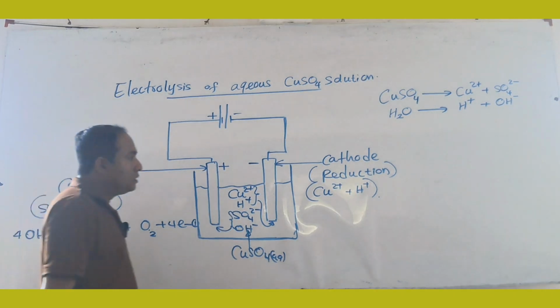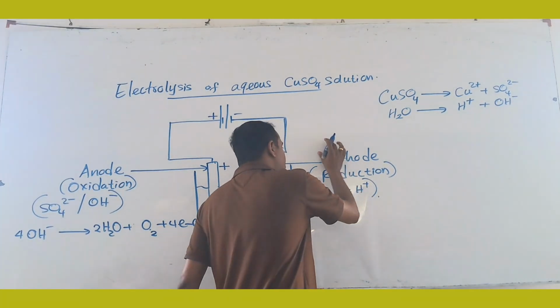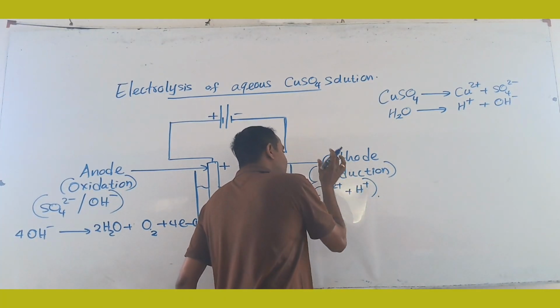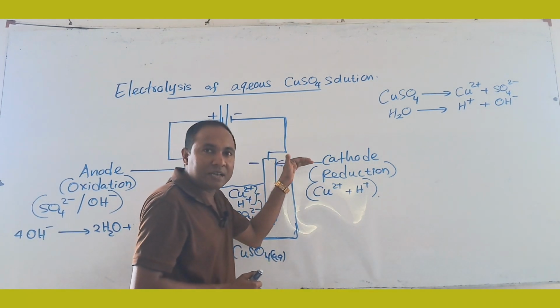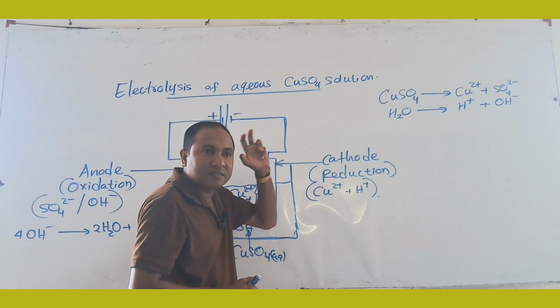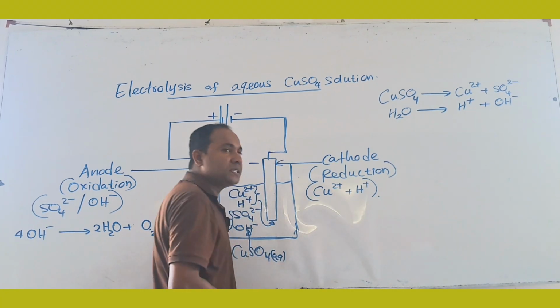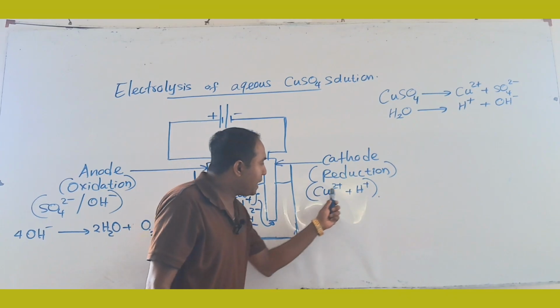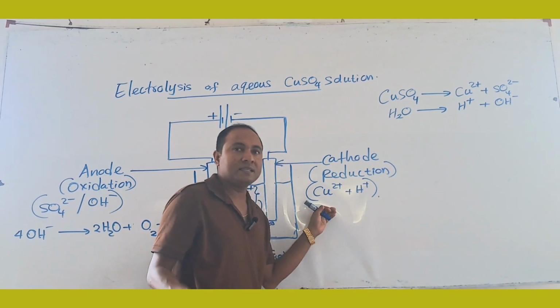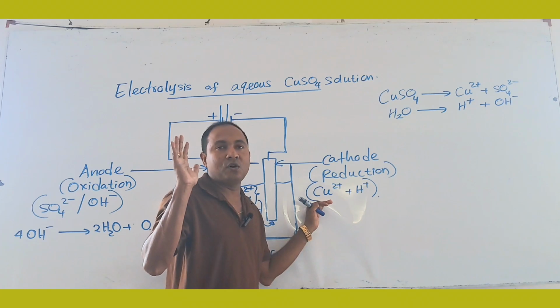Then there are 2 things to receive the electrons. This is the cathode. Near the cathode, reduction occurs. Reduction means the chemical reaction that occurs by receiving electrons. There are 2 things that can receive electrons, Cu2+ and H+. Which one will receive the electrons?